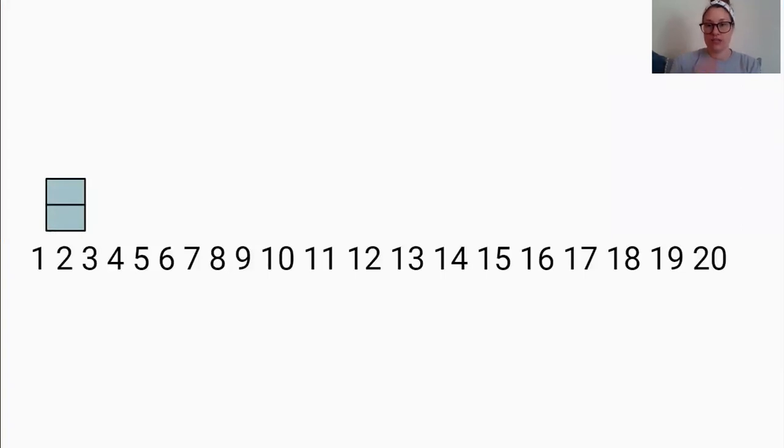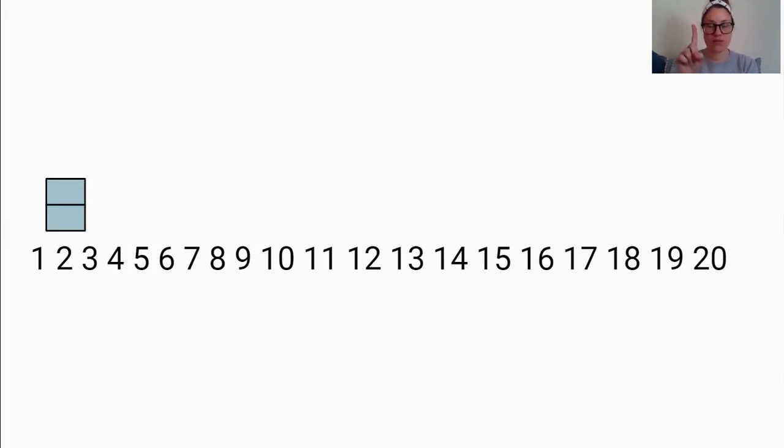If we focus on the number 2, right now this array is 1 column with 2 tiles. Thinking back to the last couple days of lessons, how could you make a repeated addition equation out of that?